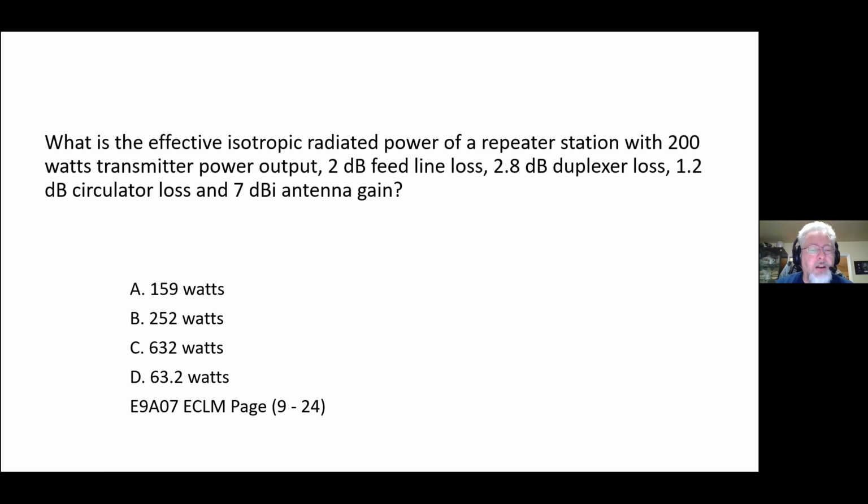A, 159 watts. B, 252 watts. C, 632 watts. Or D, 63.2 watts. Bravo. I heard 2 Bravos in there. 252 watts is correct.